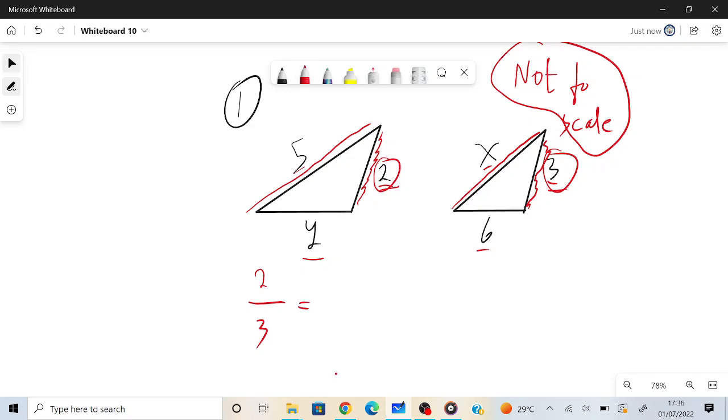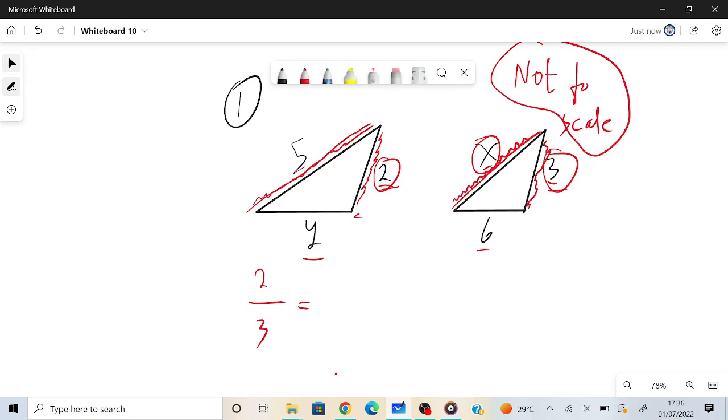Now that I have one fraction, I need to form another one. Let's start by solving for x. I know that this side of the triangle, which is 5 for this triangle, is the same length as this side over here, and it's represented by this side over here, and in this case it's x.